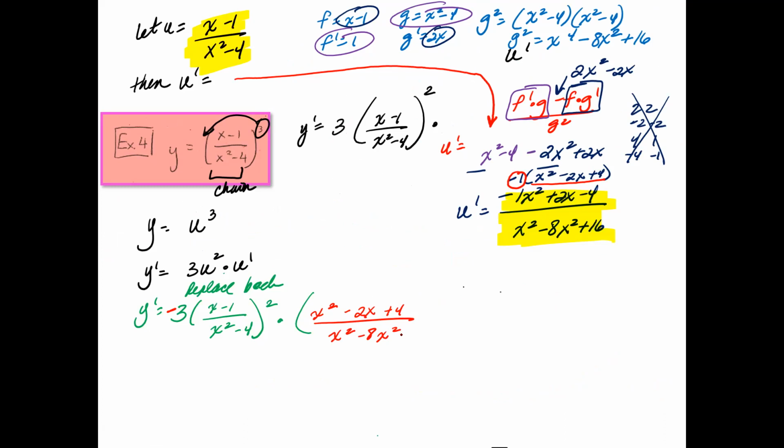Hold on, 8x squared. Uh-oh, something's wrong here. Oh, sorry. Made a little typo. Shouldn't be a 2, should be a 4. Sorry about that. So let's change that to x to the 4th minus 8x squared plus 16.